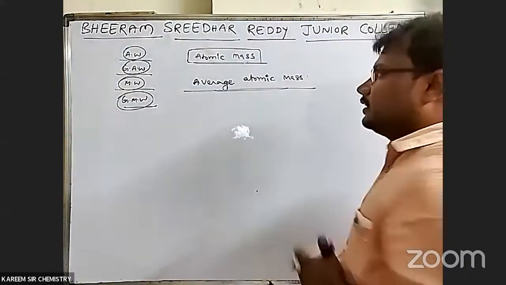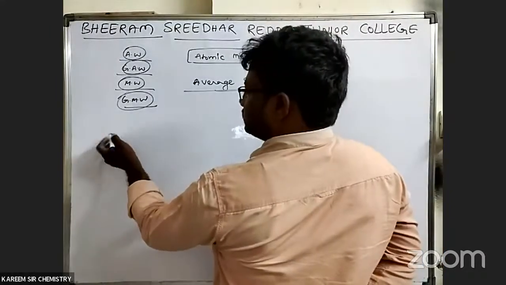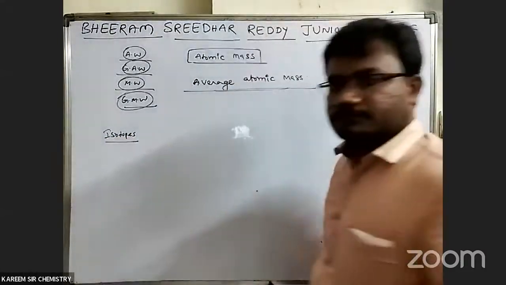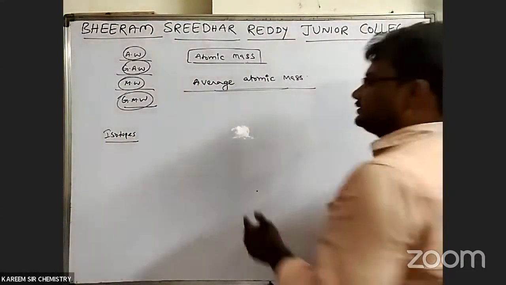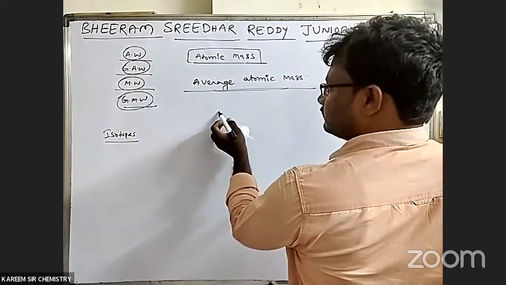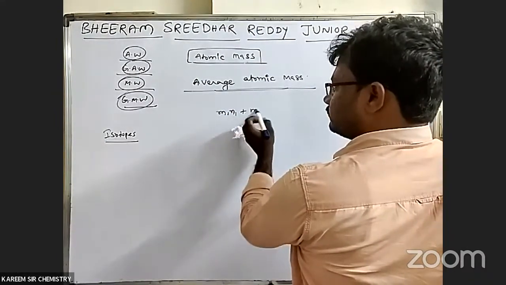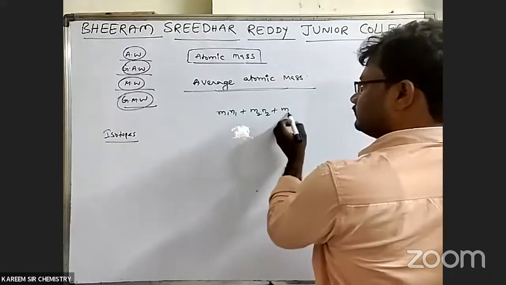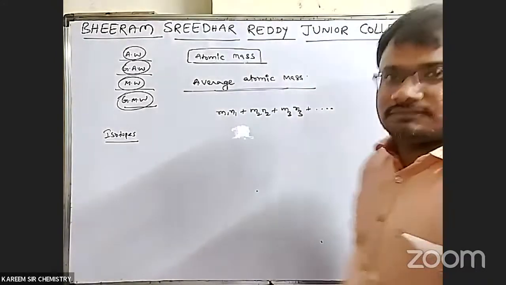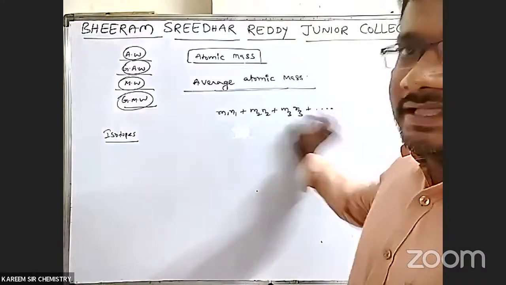Right. So here, suppose isotopes are there. Now tell me. F1M1 plus F2M2 plus F3M3 and so on for calculating average atomic mass. What is the M here?